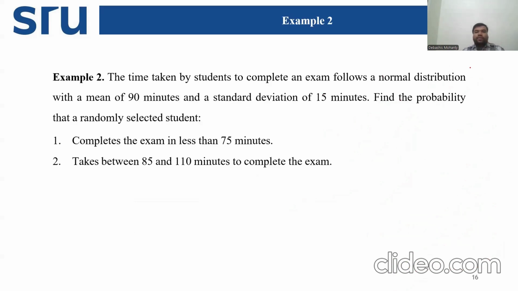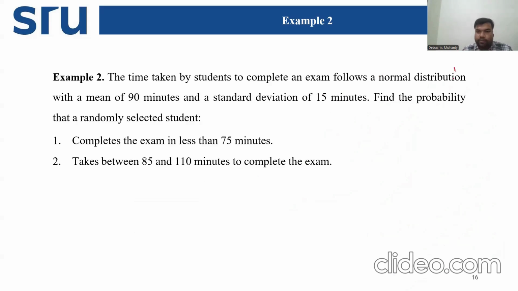Try to read this question carefully. The time taken by students to complete an exam follows a normal distribution with a mean of 90 minutes and a standard deviation of 15 minutes.